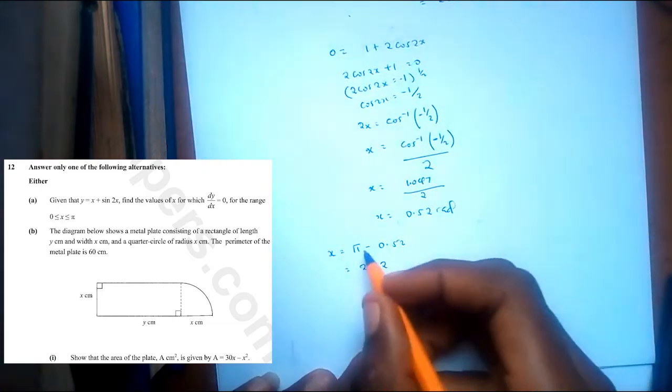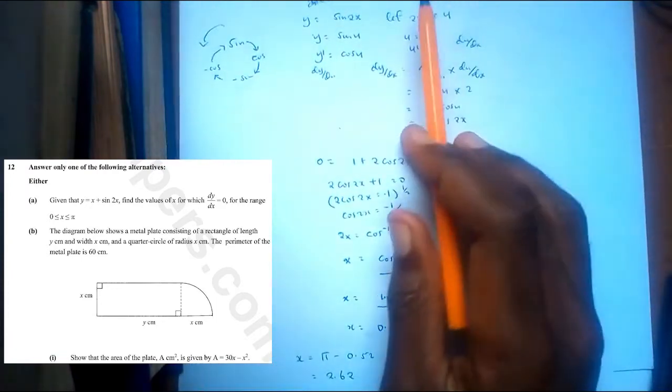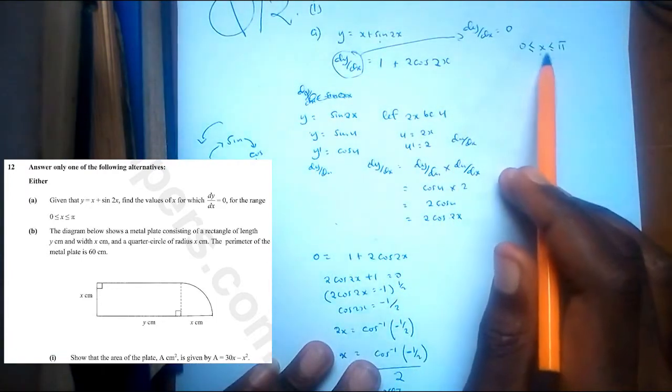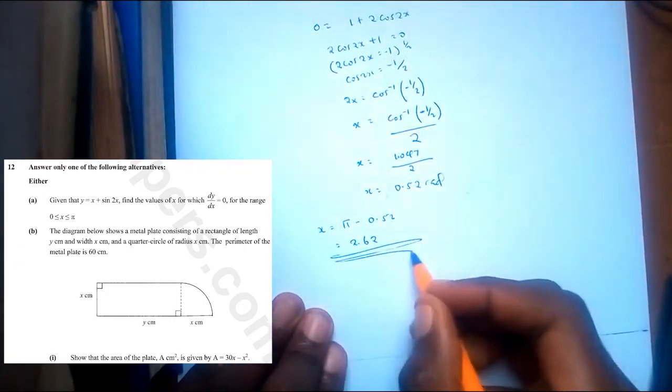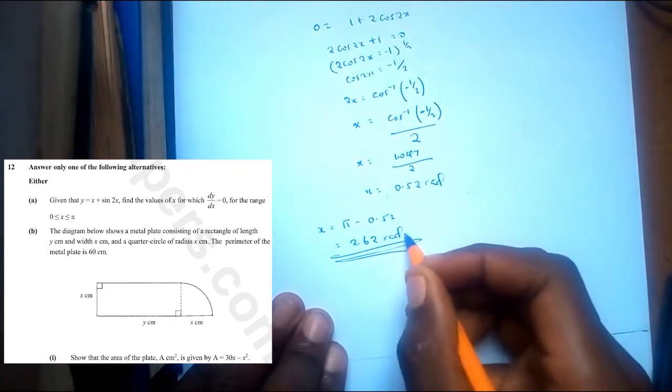In the other quadrant, you add pi, and since we've been given this range here, it should be less than pi, so we just end here. So this is the value of x. This is the answer, in rads.